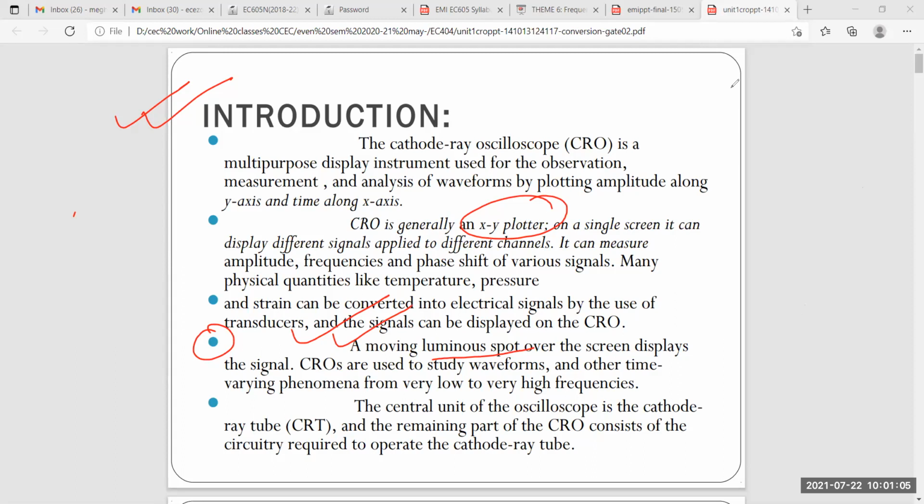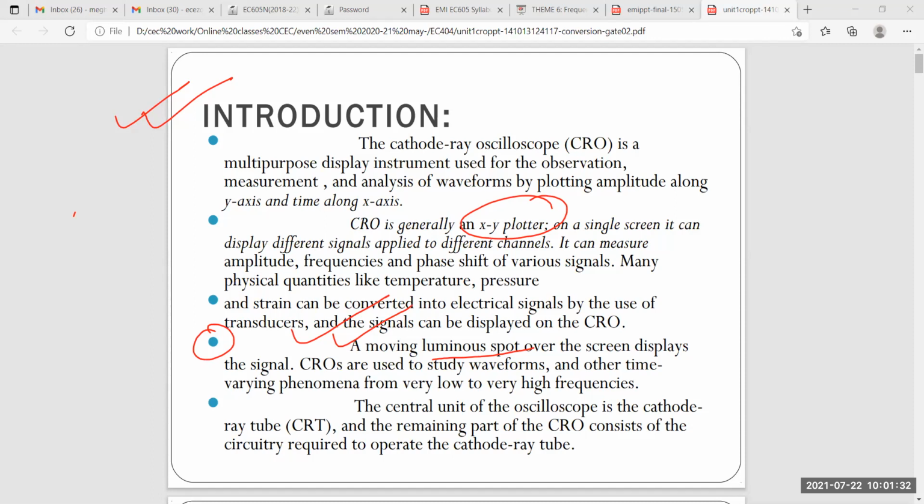Tell her to log in with her own mail ID, that's it. Okay, so the luminous spot, what I was explaining to you, is definitely produced in the CRO when the electron beam strikes the fluorescent screen. Now CRO is used to study waveforms and other time varying phenomena, from very low to high frequency.